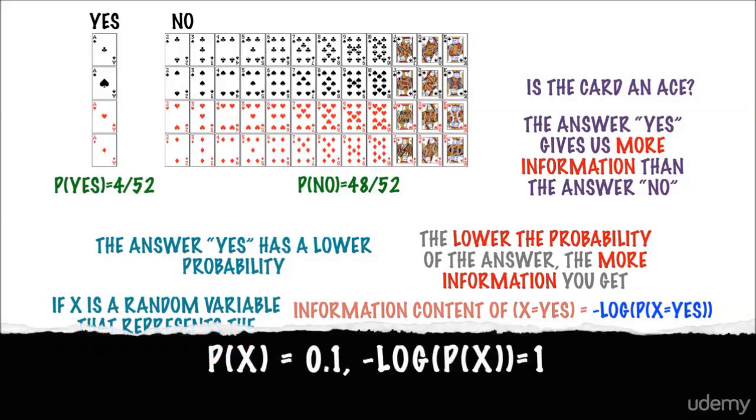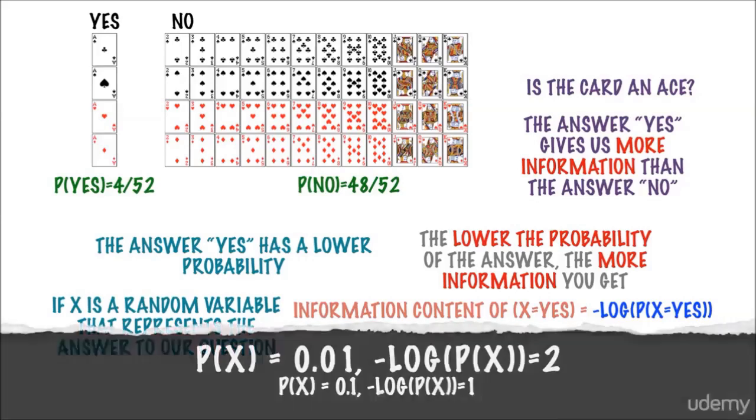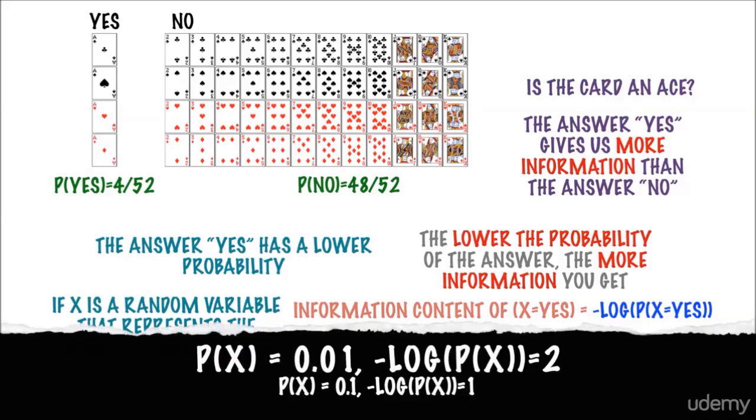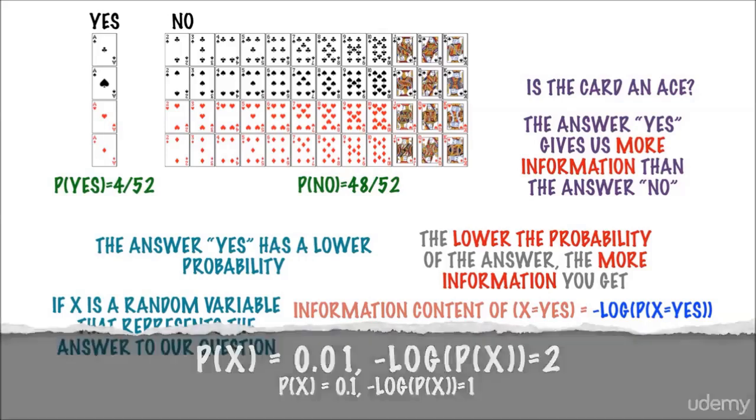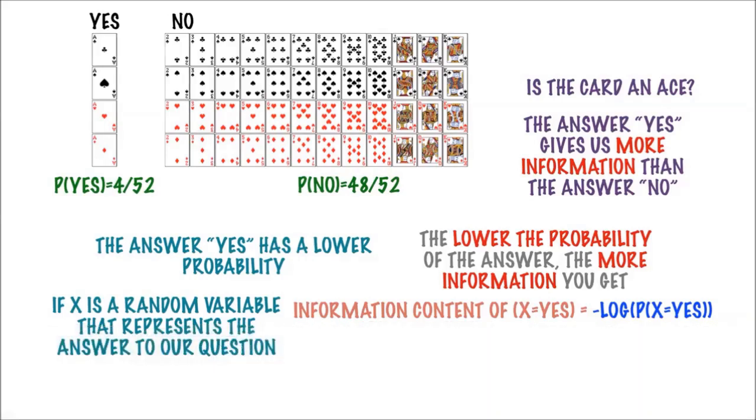If your probability is 0.1, log of 0.1 is minus 1, minus of minus 1 is plus 1. If your probability is 0.01, log of 0.01 is minus 2 and minus log of 0.01 is plus 2. So this is a function that increases as your probability decreases.